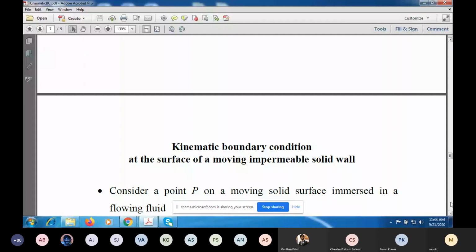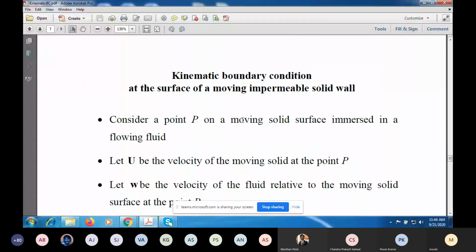Now consider a point P on a moving solid surface, which is immersed in a flowing fluid. So the fluid is also moving and the solid is also moving, let us say. So let capital U vector be the velocity of the moving solid at the point P. Now if the moving solid is translating, then the velocity at each and every point on the solid will be the same.